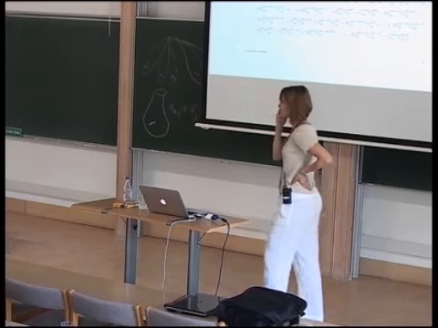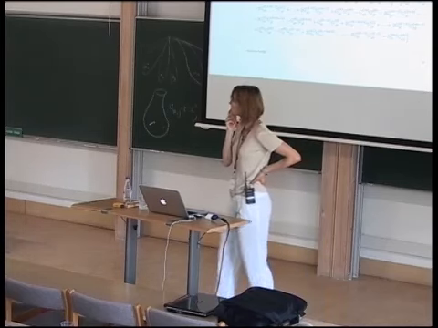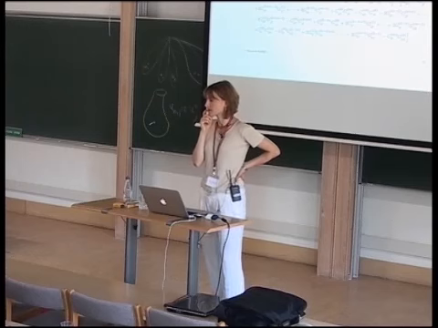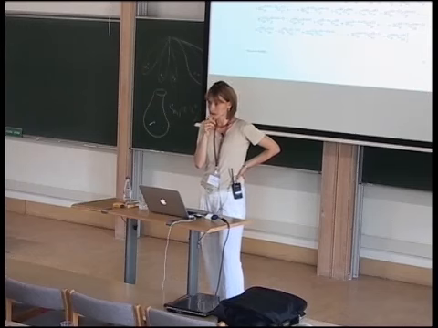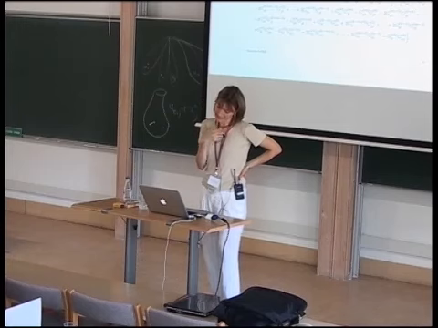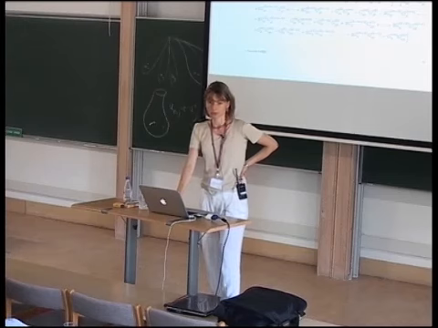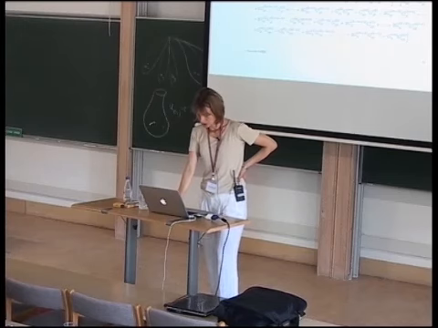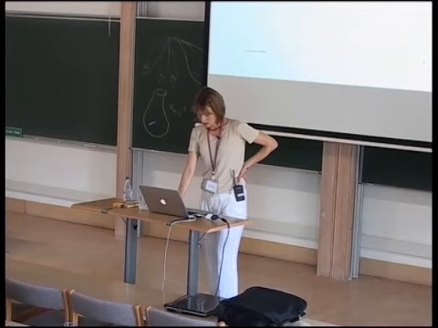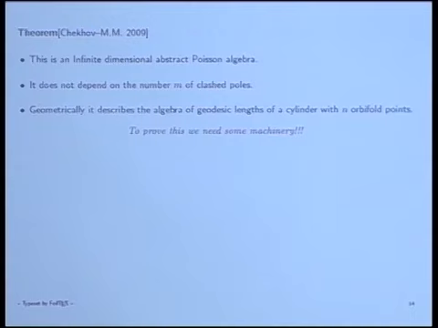So in the next 5 minutes, I'm going to kill you with the machinery, but at least I want to show you how things work, possibly. So we have an infinite dimensional abstract Poisson algebra. Actually, it doesn't depend on how many points we clash.